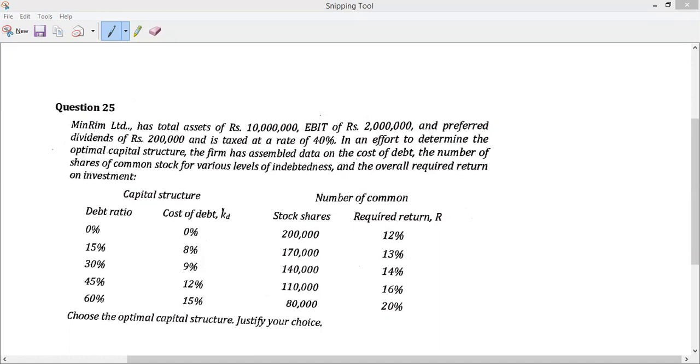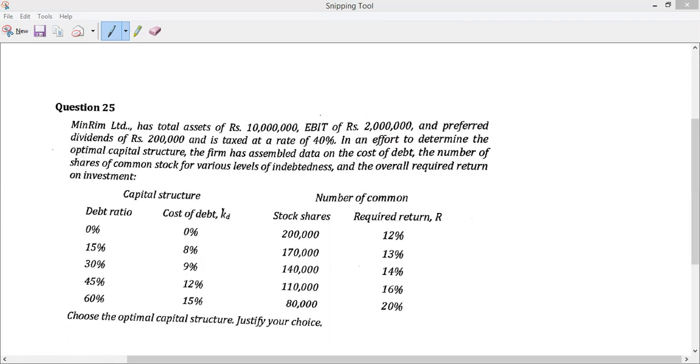For the first question, EBIT is 20 lakh and WACC we got 12%. Total assets is 1 crore and we got the value of the firm as 83 lakhs 33,000. So how did we get that? We deducted it from the total assets value, right?